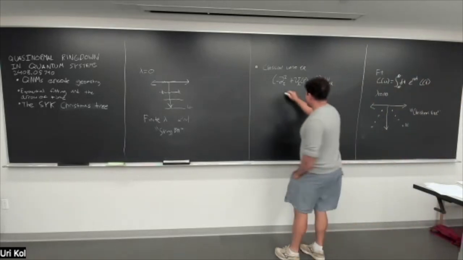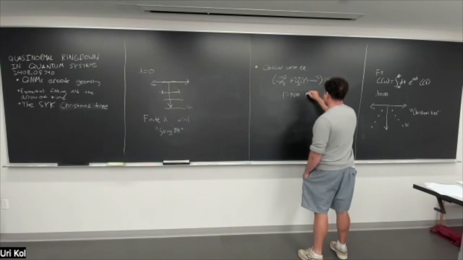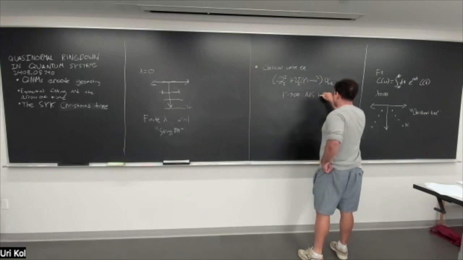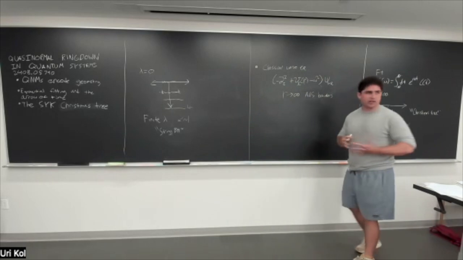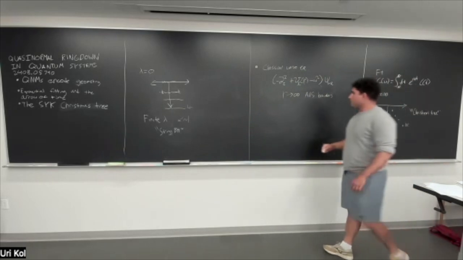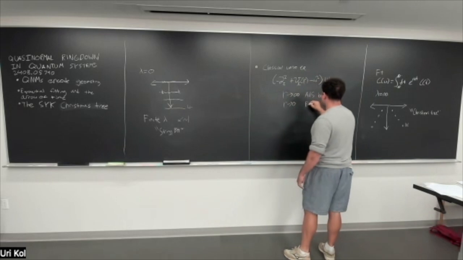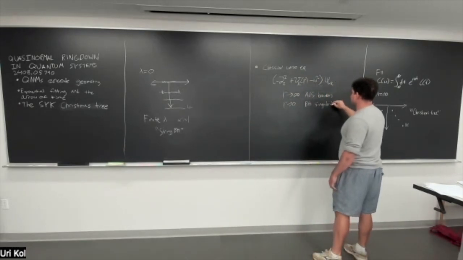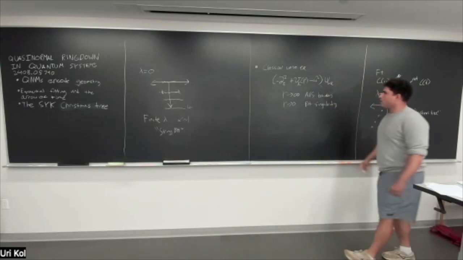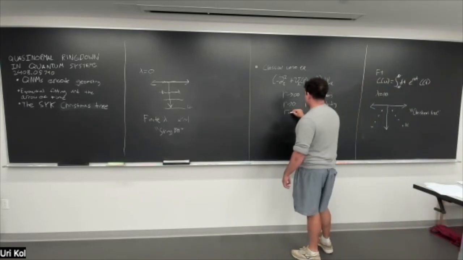So r goes to infinity is the AdS boundary. AdS is a spacetime that has a boundary. And r goes to 0 is the black hole singularity. And then there's a horizon at r equals r_H.